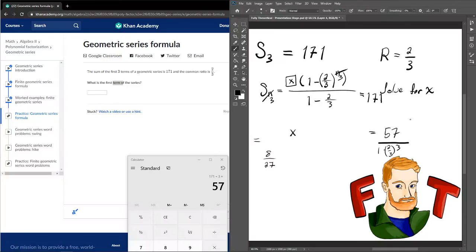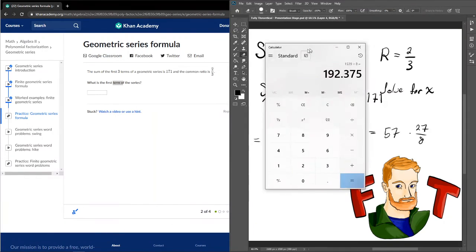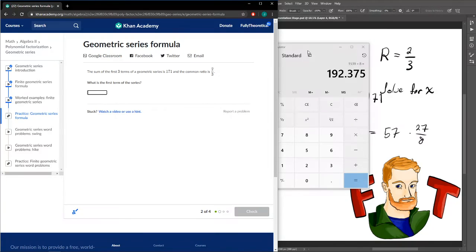So 57 times 27/8. So that was right. We have 57 times 27 divided by 8. It doesn't look like a good answer because it's not an even decimal, but let's try it. 192.375. No, it's not right.